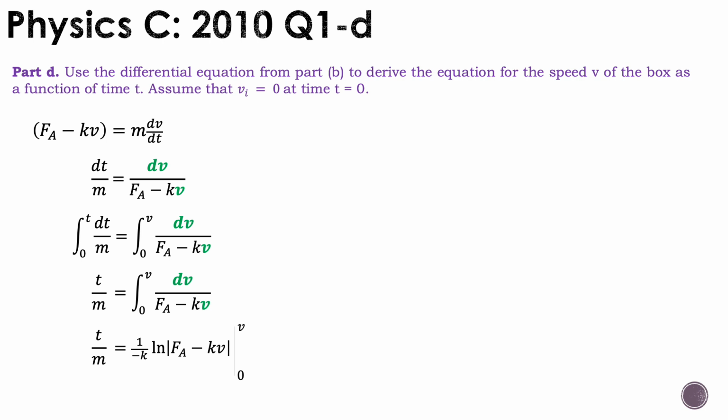Now, if you don't understand how I got from this step to this step, you might have to do u substitution. I kind of know how to solve these integrals intuitively. I just think, hey, if I derived this function right here, what would it be?